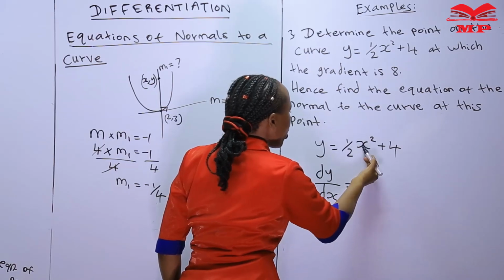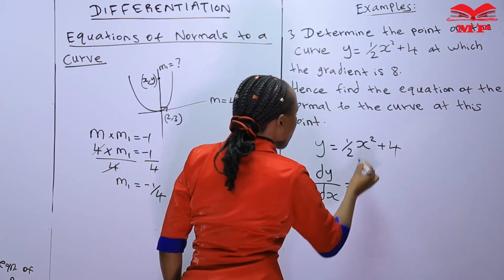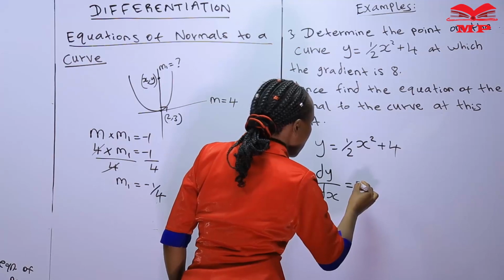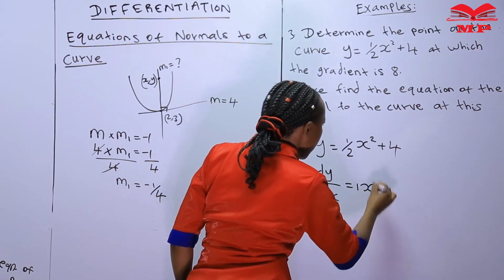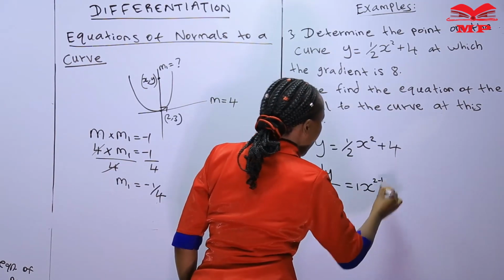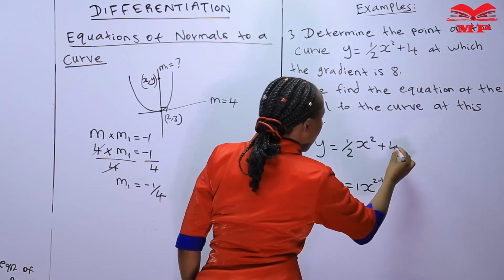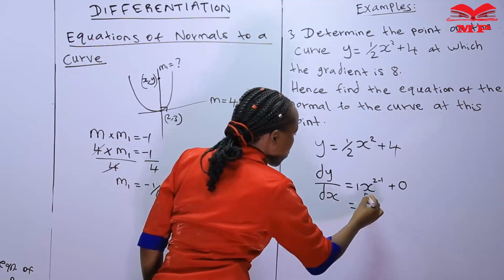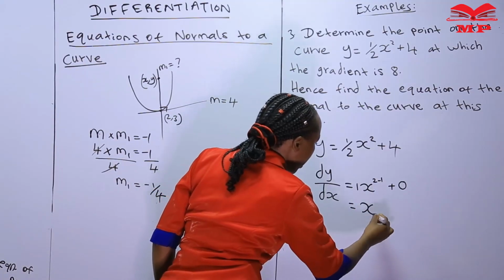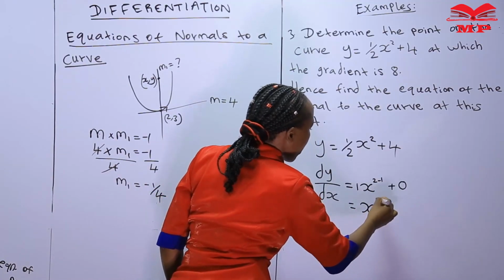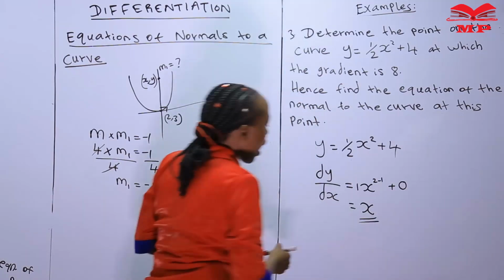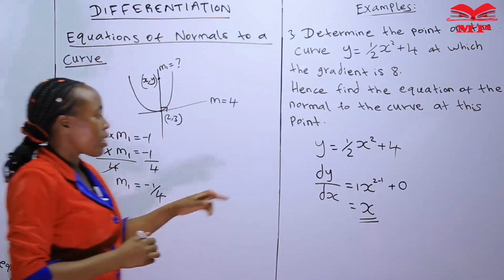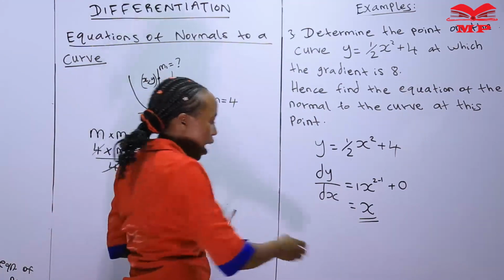which is the coefficient of x. When we multiply by 2, we'll have 1. So we have 1x. Then we have 2 minus 1. Then the gradient function of a constant is 0. So we have this one as 1, that is x raised to power 1. 2 minus 1 is 1. So our x is the gradient function.